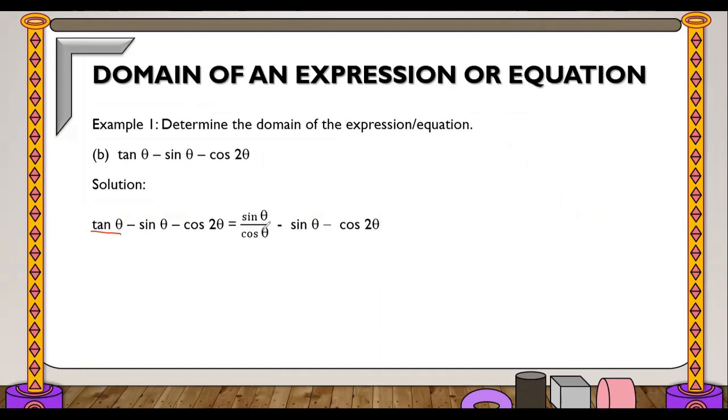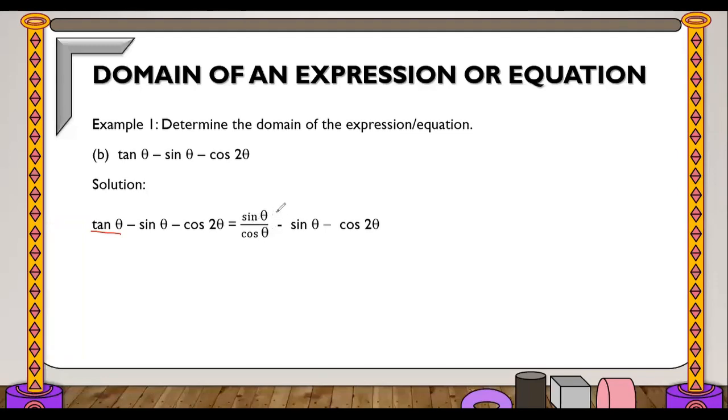Identity ng tangent theta, it is the same as sine theta over cosine theta. Okay, identity yan ng tangent theta. Then, nandun pa rin yung ating minus sine theta minus cosine 2 theta. So, dito sa ating new expression, mapapansin mo, meron tayong rational form. Itong portion ng sine theta over cosine theta.